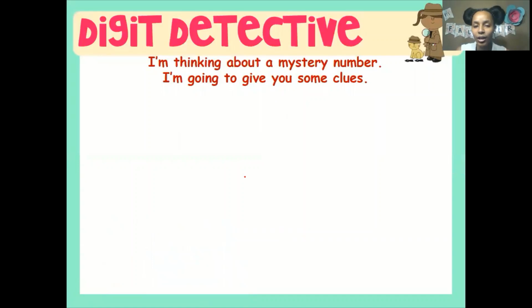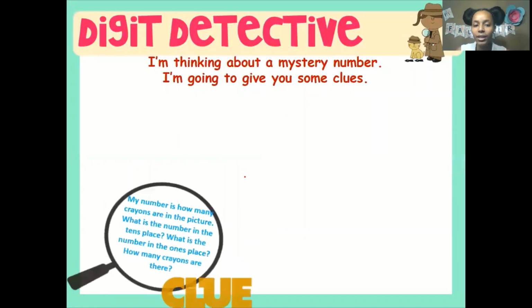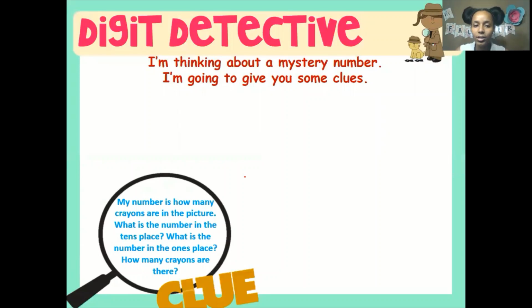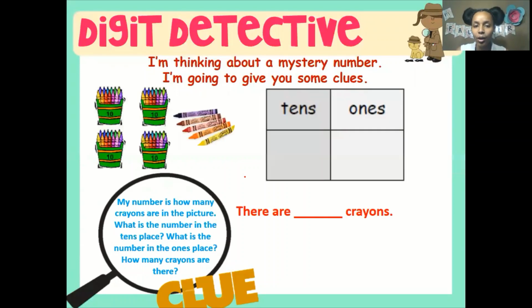All right, let's try another one. I'm thinking about a mystery number. Here's my clue. My number is how many crayons are in the picture. What number is in the tens place? What number is in the ones place? How many crayons are there? So in looking at my crayons, how many tens do we see? Right, we see 4 tens, so we know our number has 4 tens.